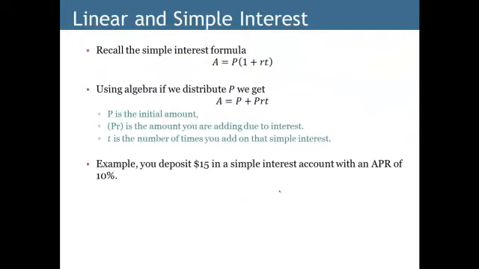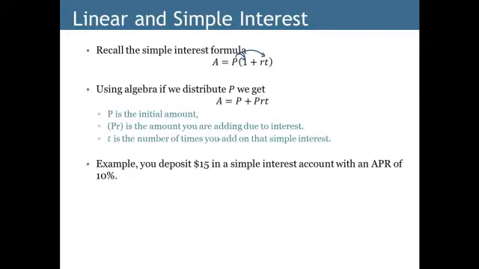All right, now remember back in Chapter 4, you did simple interest. Simple interest is actually linear. It's a linear problem. The simple interest formula, if you remember, is P times (1 plus RT). Now, using some algebra, if you distribute, remember that means you take P times this part and P times that part. You get P plus PRT.